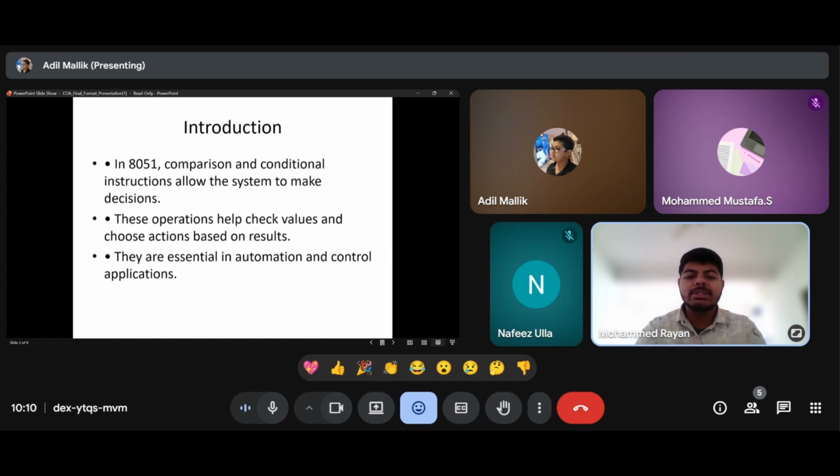Before moving to the concept, let me briefly explain why this topic is so important. Microcontrollers are the brain of most embedded systems that we see around us, whether it is automatic machines, traffic signal controllers, or a temperature monitoring system.